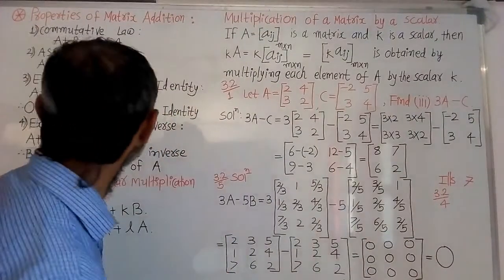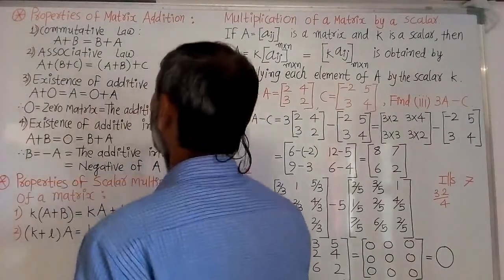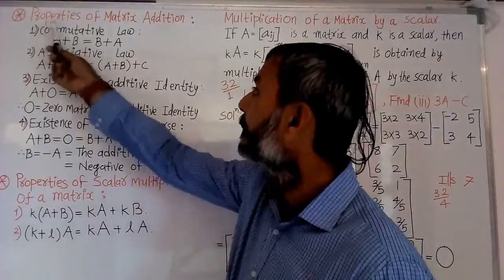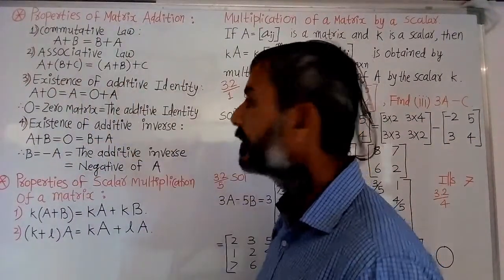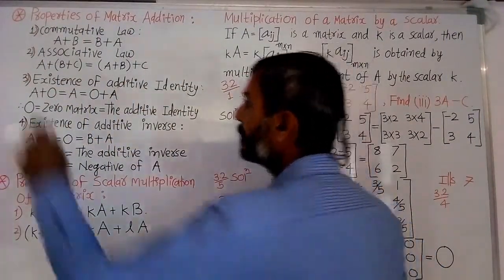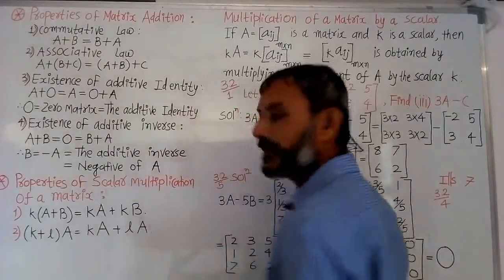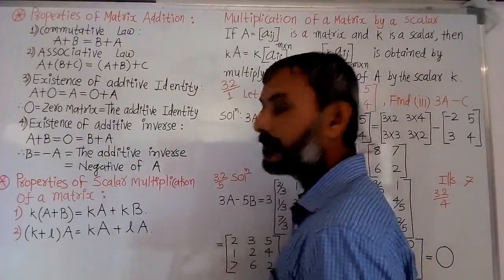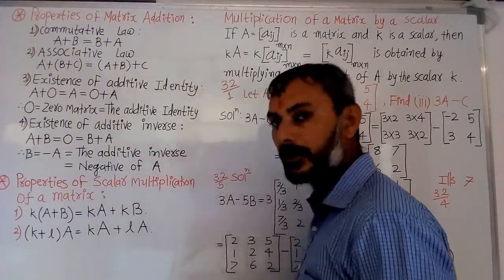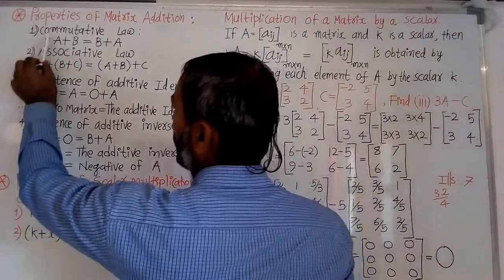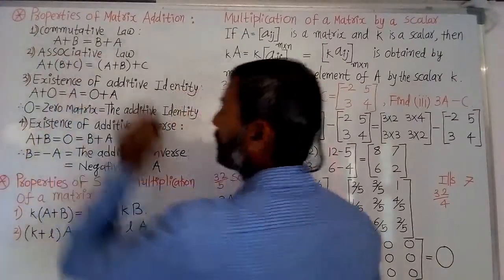Now see, properties of matrix addition. We have 4 properties of matrix addition, and this topic we learnt in the previous video. First rule is the commutative law.